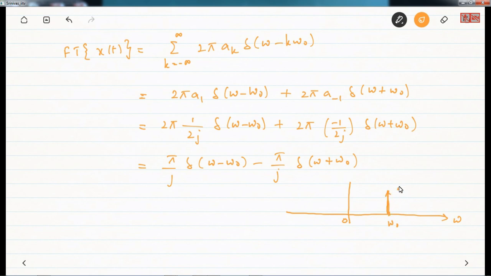And we have an impulse, this impulse strength is pi by j. And at omega equal to minus omega naught, we have another impulse with its strength equal to minus pi by j. Of course, there should not be another minus sign, because it's already minus, right?